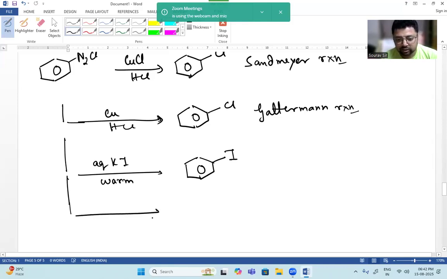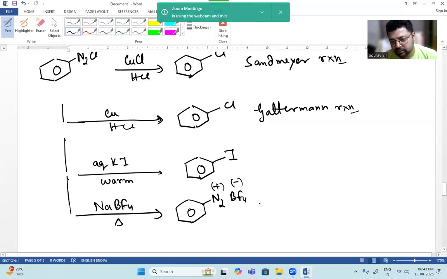Fluorobenzene. In order to prepare fluorobenzene, you first have to use NaBF4 and heat the mixture. We will get from here N2 plus BF4 minus.